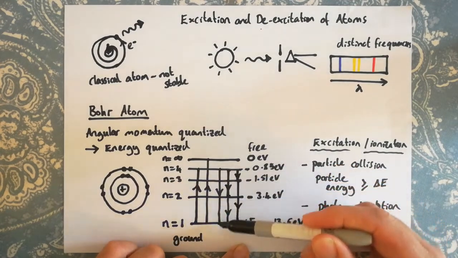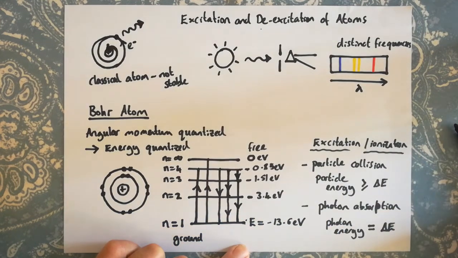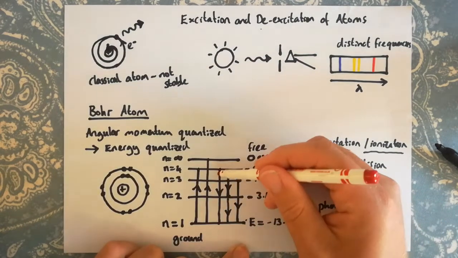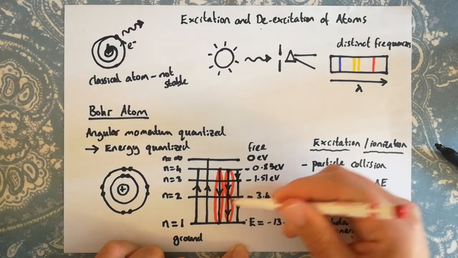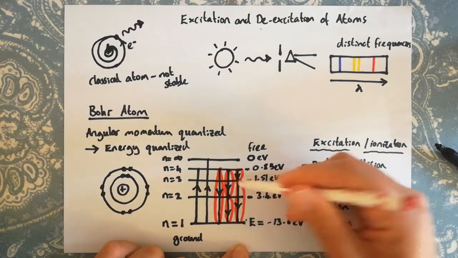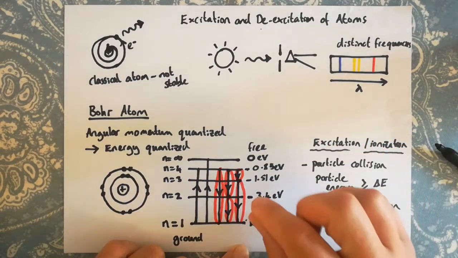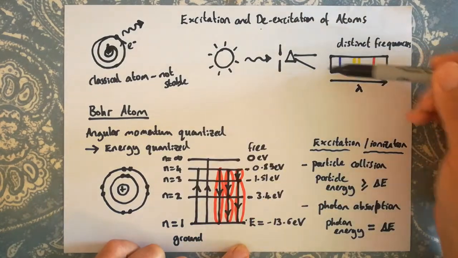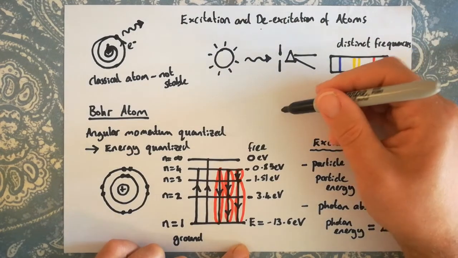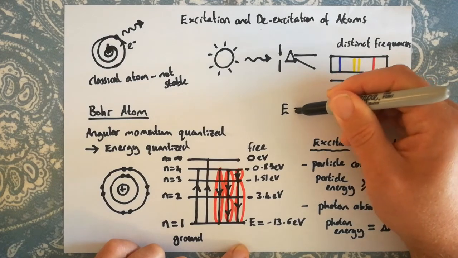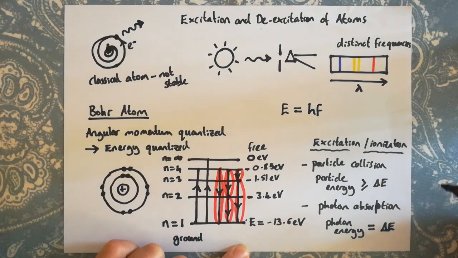So if we think about these de-excitations we've drawn on here, we've got 1, 2, 3, 4, 5 distinct photon energies, and it's these distinct photon energies that result in these distinct frequencies of the spectral lines, because of course we've got our relationship for a photon that the energy of the photon is proportional to the frequency of the light.